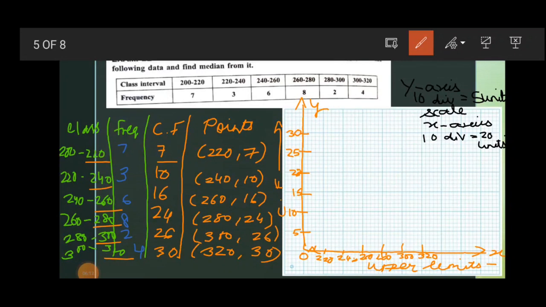Now plot the points. First point is 220, 7. Here is 220, 7.